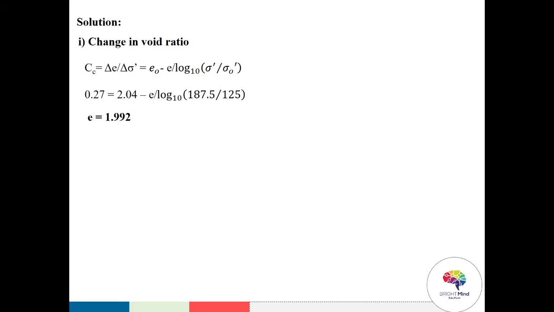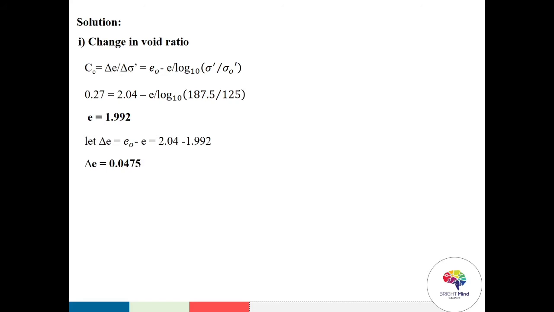Now let delta e be the change in the void ratio, found using the expression e naught minus e. So e naught is 2.04 and e is 1.992.